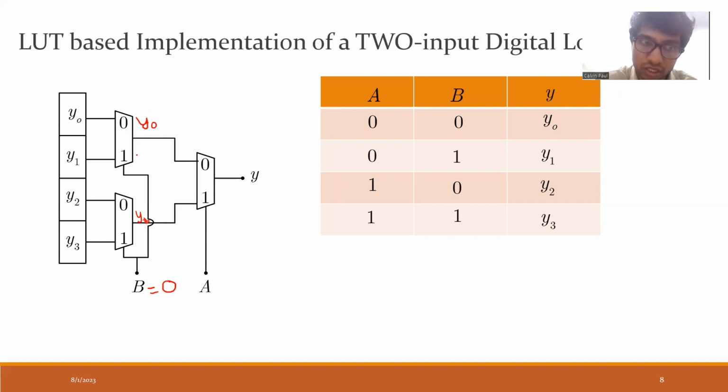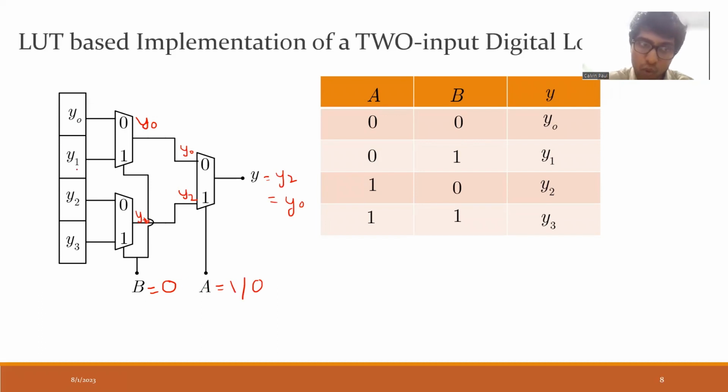There are 2 inputs to this digital mux, but it will select Y0 because of the select line. So to this digital mux, there are 2 inputs: one is Y0, another is Y2. Now, if I put A equal to 1, then the output of this will be equal to Y2. But if A is 0, then this output will be Y0. So in this manner, we can select what data we want based on the value which we assign to the select lines.